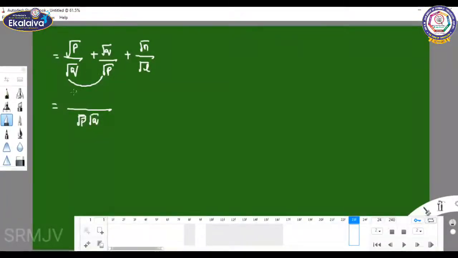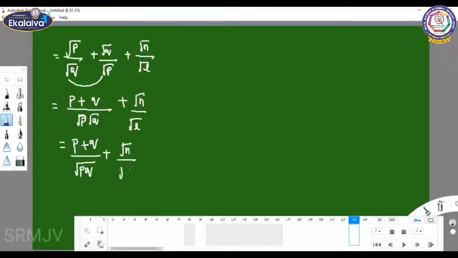So cross multiplication, root p into root p is p, the same way root q into root q is q, plus root n by root l. So it gives p plus q by root of pq plus root n by root l.